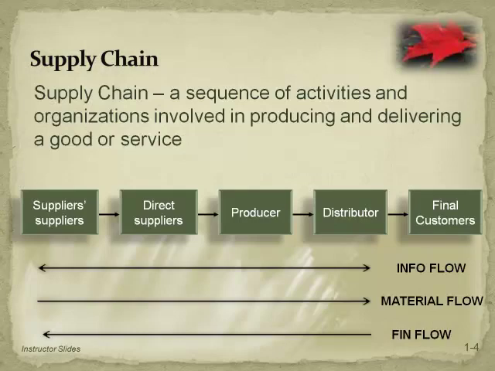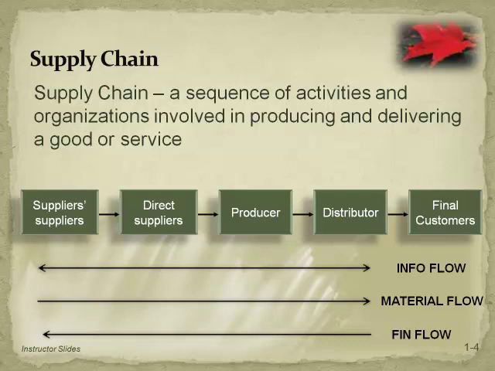So this is a diagram of a supply chain. This is the same diagram that we saw in Chapter 1 of this book. It shows the supply chain where we have our final customer on the final right-hand side of the supply chain, and we have each of the organizations that are responsible for taking materials and moving it to the next level.